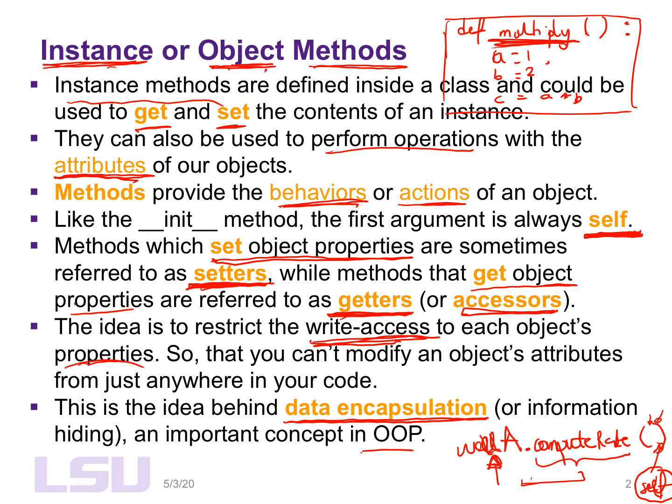Data encapsulation, data hiding, that's another word for that. Information hiding. It's like you are hiding the information within the object, and you don't want any other object to be able to modify that. You need to go through that object to access the information in there with the getters and to modify or set the properties in there using the setter.